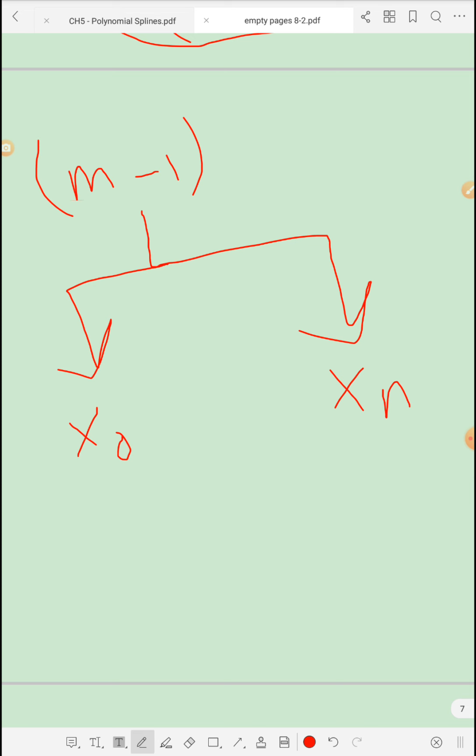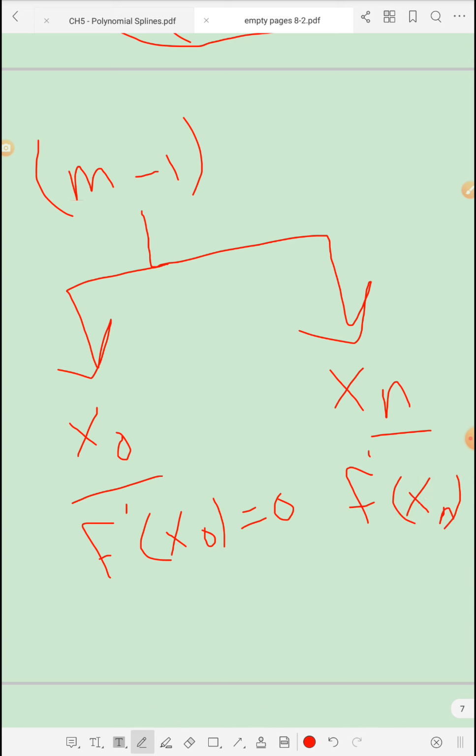So we have two nodes, x naught and xn. Assume that I have said that f prime of x naught is equal to 0 and f prime, the first derivative at xn, is also equal to 0. This means that we have two conditions. If I add the second derivative also, there will be 4.